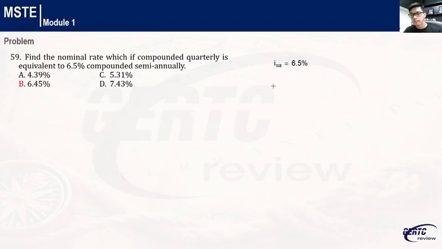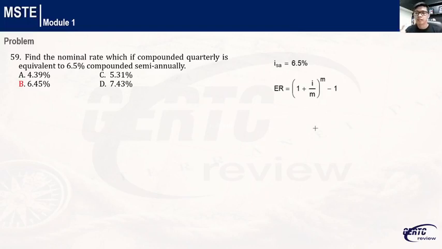So yung concept natin dyan, that is the effective rate, no? Ano yung formula? That is 1 plus I over M raised to M minus 1. So that would be the effective rate compounded quarterly is equivalent to effective rate compounded semi-annually.